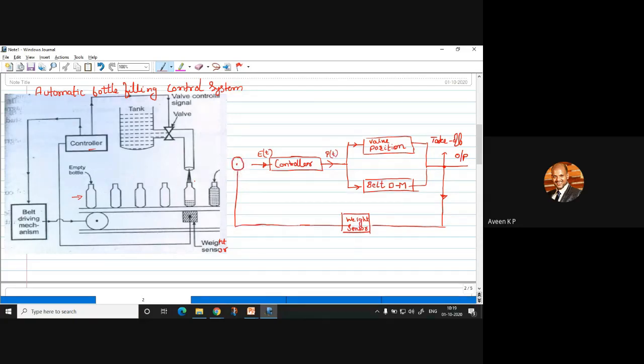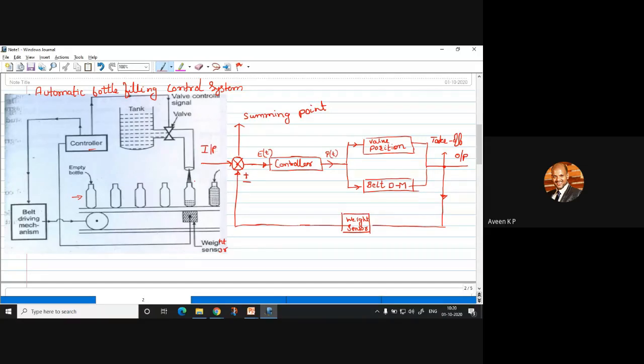This point I will call the summing point. To this summing point, the feedback will be passed. It could be a positive signal or negative signal depending on the nature. And we will have an input signal to this.